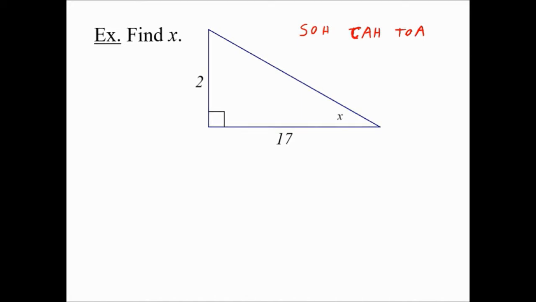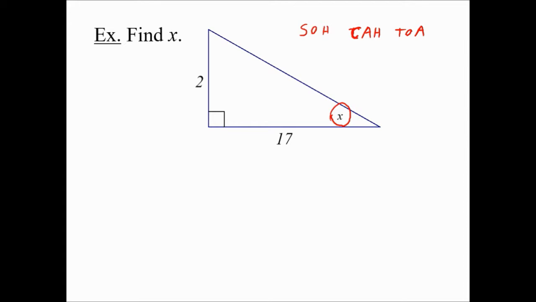And again, we always focus on the angle that has been given to us. Well, here, the angle is right here. This is x. Now, last time the angle was a number. This time the angle is an x. Who cares? It doesn't matter.